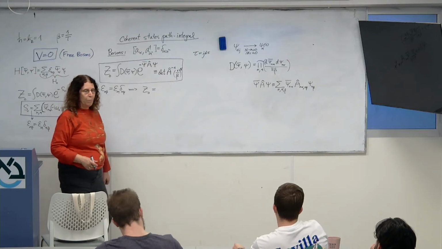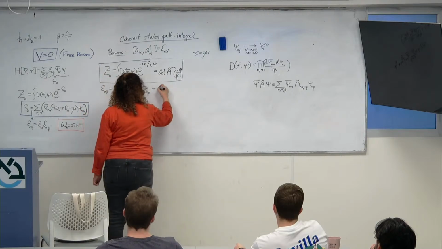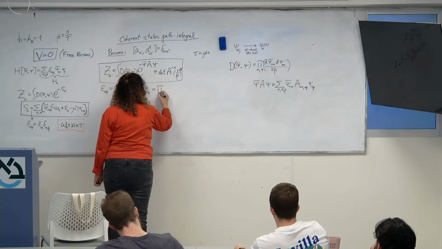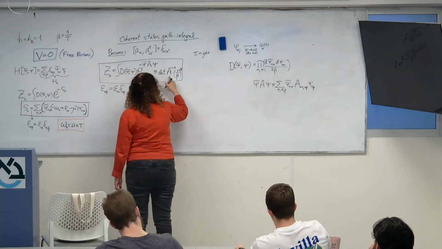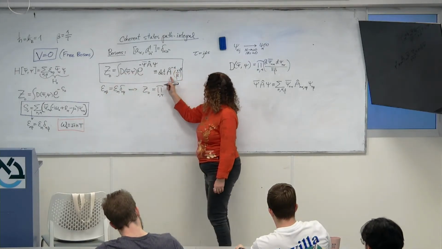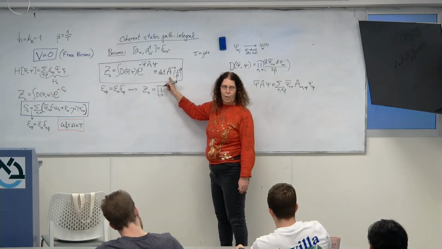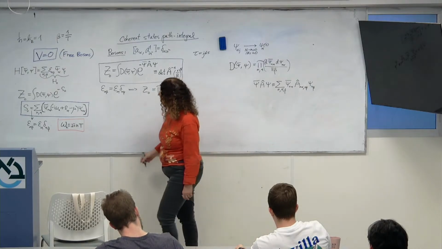Just a product of the diagonal terms, right? So it's just a product over n and alpha of, and now notice that it's the inverse of the function. But what is the inverse of the function?